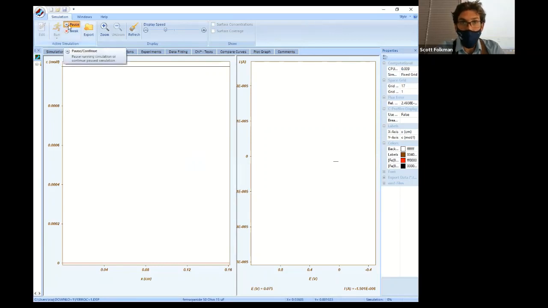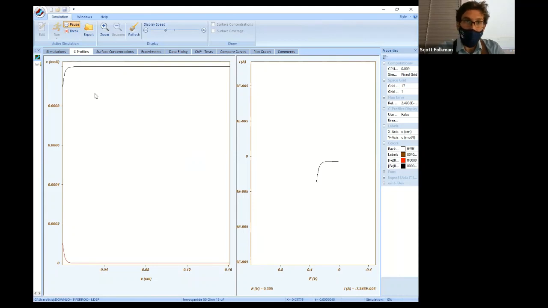We're scanning to more and more positive potentials, and you can see that we're starting to get current here. Simultaneous with that, we're starting to see a change in the concentration profile here. This simulation is set up such that the concentrations at the electrode match the Nernst equation.